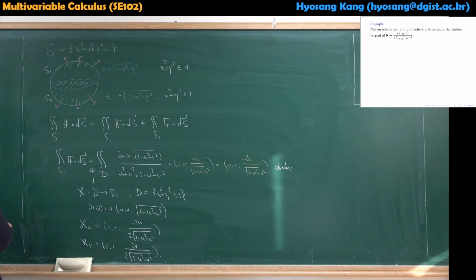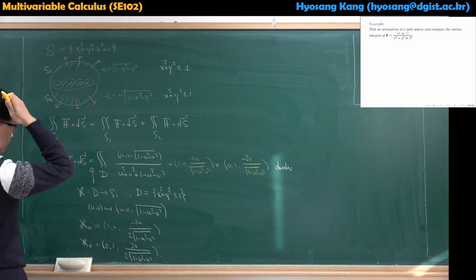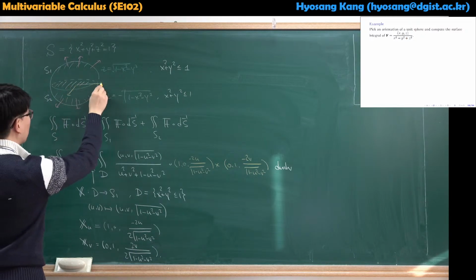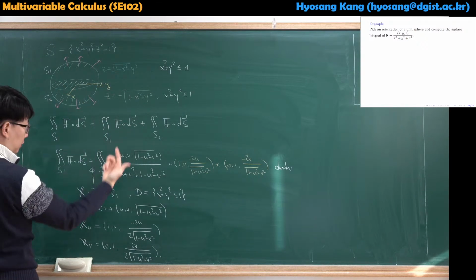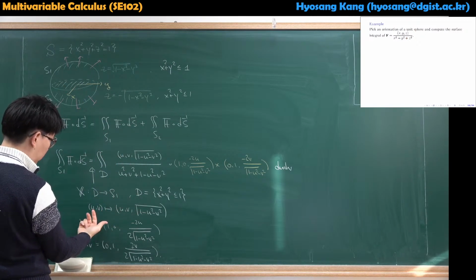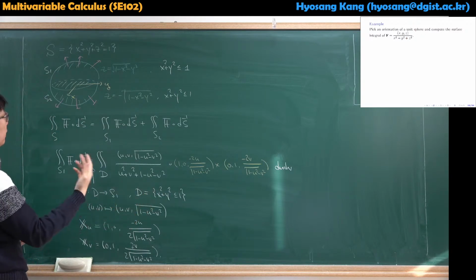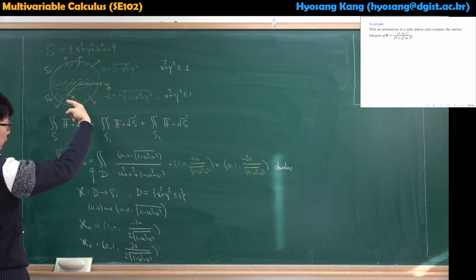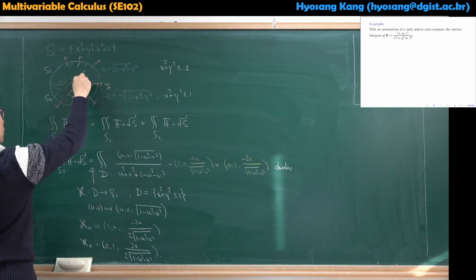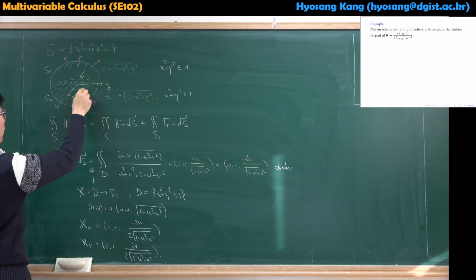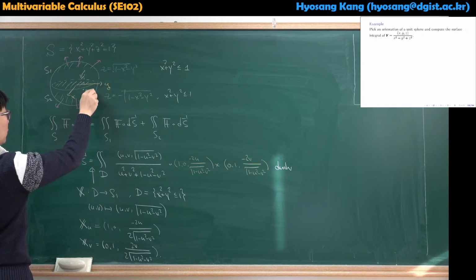Why? Because here we have x and y coordinates, and I said that this parameterization has u and v, which serve the same role as x and y. So if I move along my u, we have a direction like this.